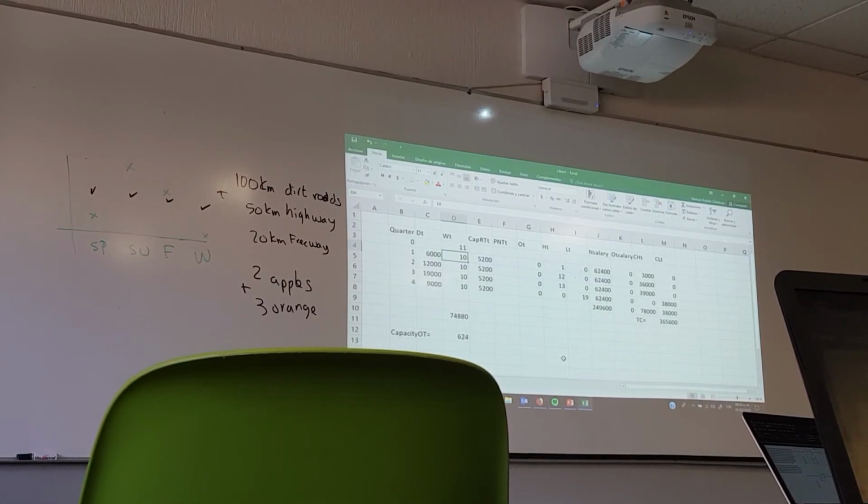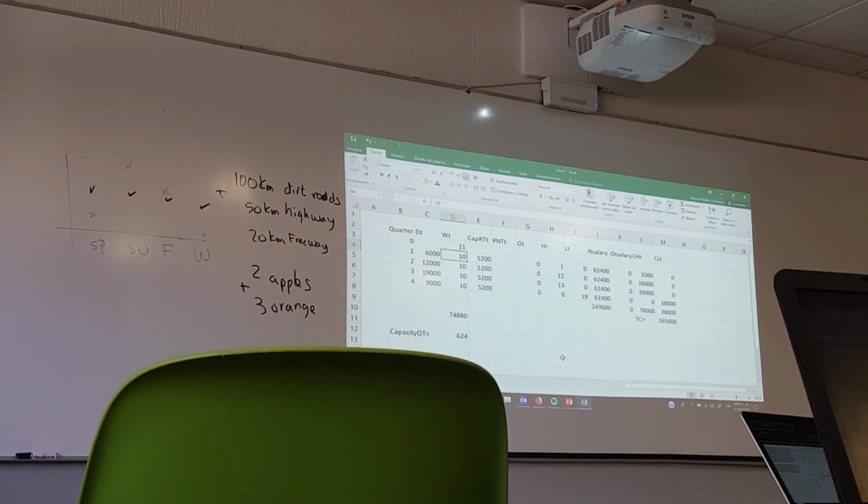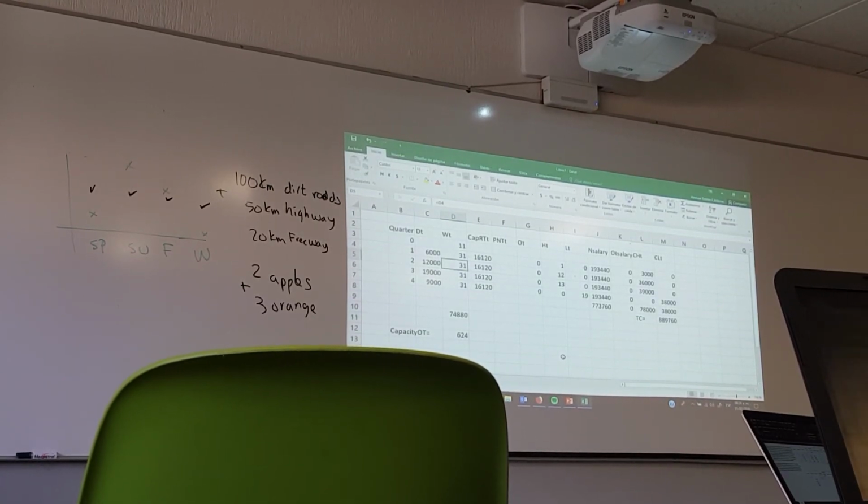How many workers do we need? I'm going to keep on working with this. I'm going to say 20. Enough? 25? You tell me when to stop. 31. Is that enough?